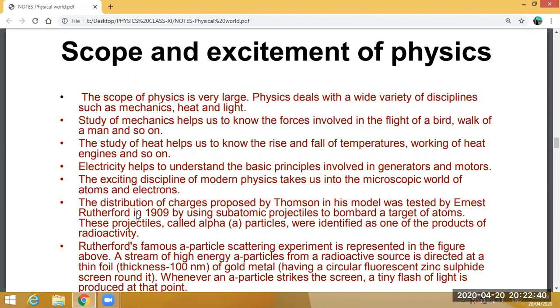Next, the study of heat helps us. So remember, we are just discussing the scope of physics. The scope of physics is very large. Physics deals with a wide variety of disciplines such as mechanics, heat, light, and astrophysics, where we deal with astronomy, as well as biophysics and geophysics.